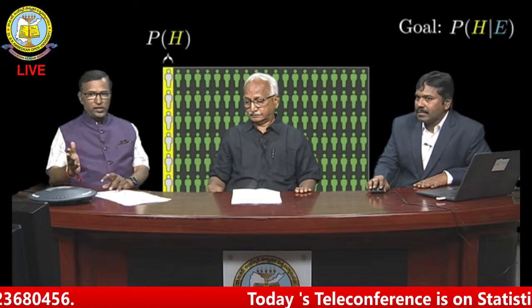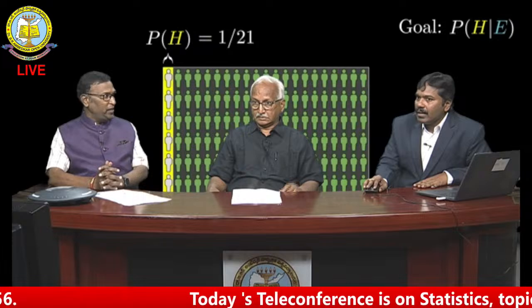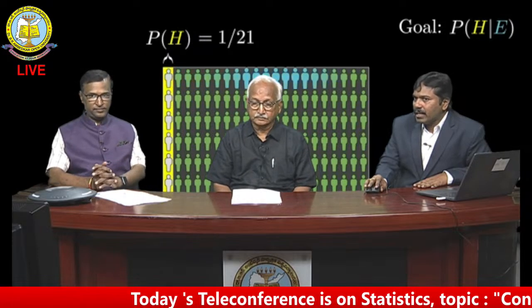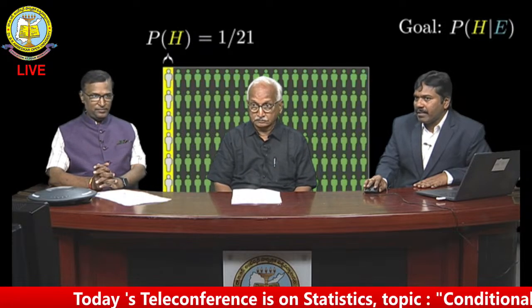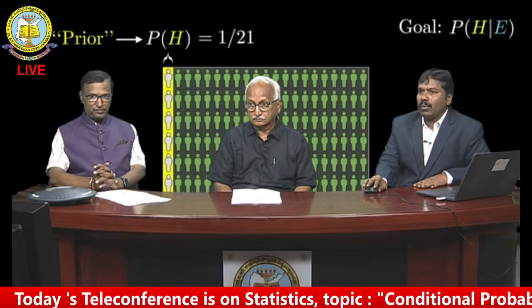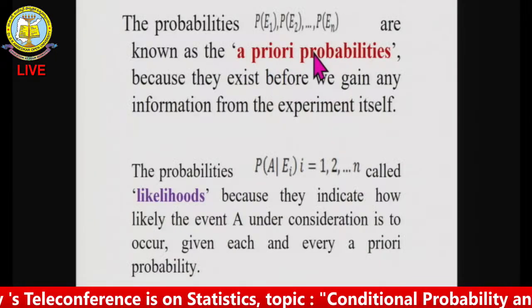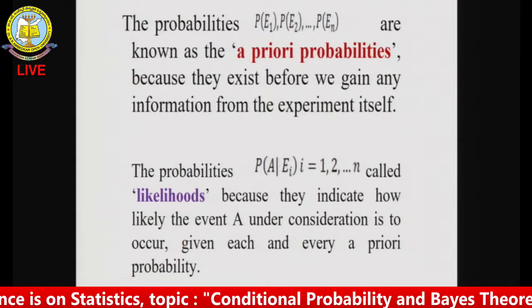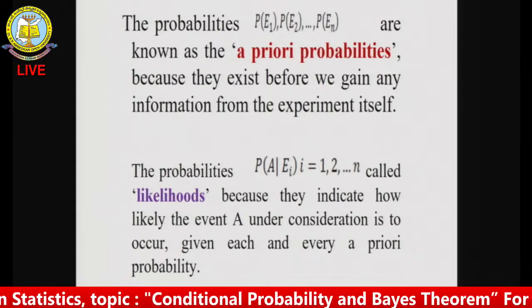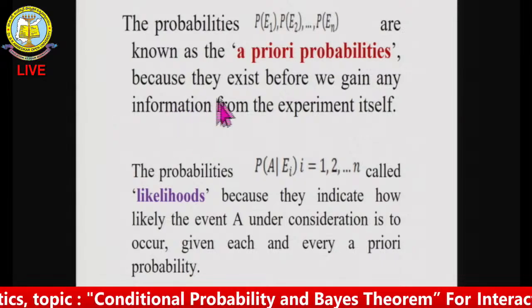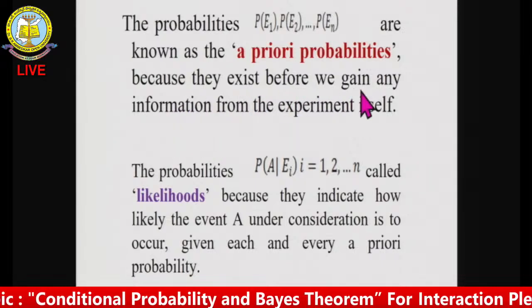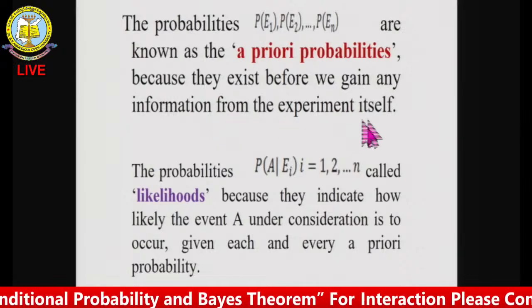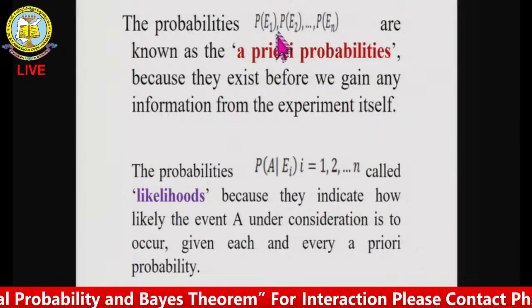So E1, E2, E3 are mutually exclusive events. The probabilities of E1, E2 and so on up to En are known as the a priori probabilities, because they exist before we gain any information from the experiment itself.